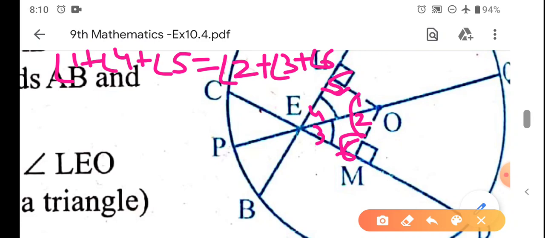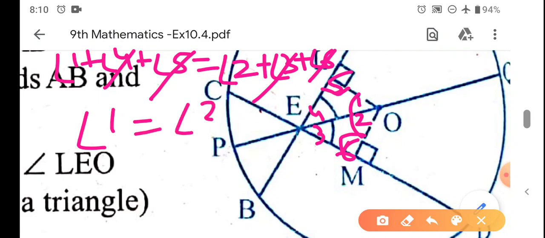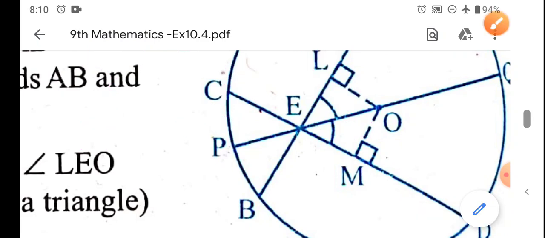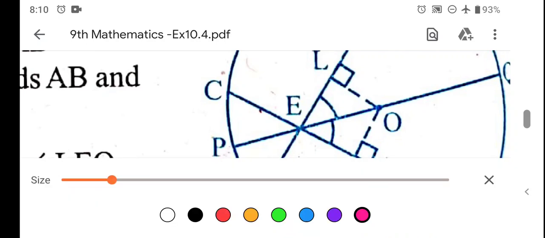But in the question it is given that angle 3 equals angle 4. Also 5 equals 6 because it is perpendicular. So angle 1 equals angle 2. What you get? Angle 1 equals angle 2. Here, after doing this, we need three things to make it equal.